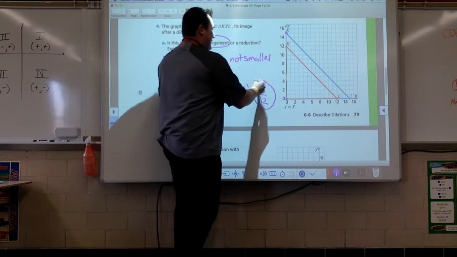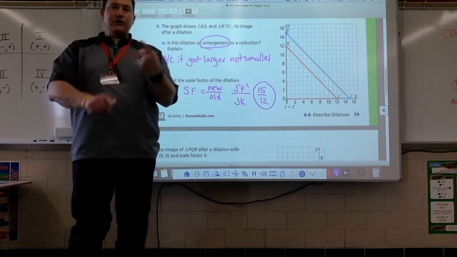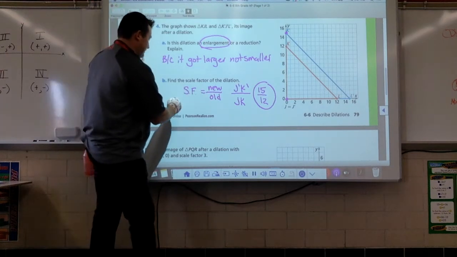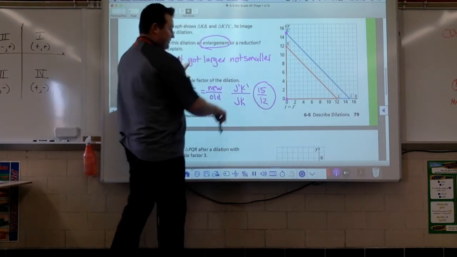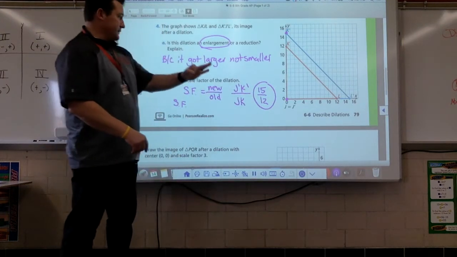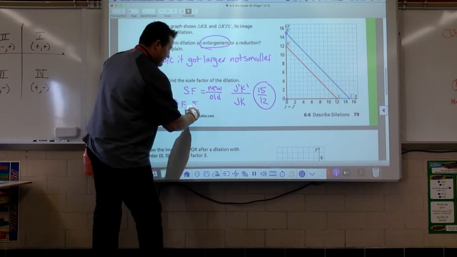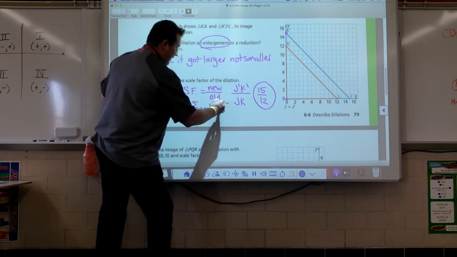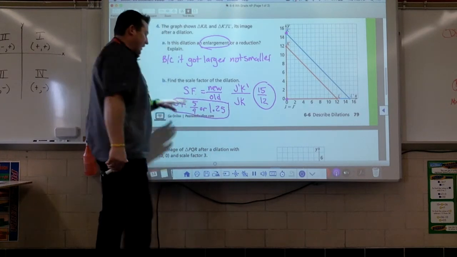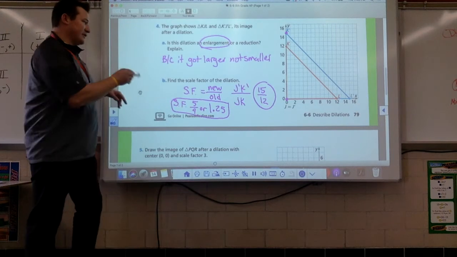Now, 15/12 is not a simplified scale factor. Let's see, what is the biggest number we can divide out of those? I'm thinking 3. Dividing by 3, that would be 5/4. So you could say 5/4, or you could say 1.25. Either of those works for me. So scale factor, there it is.